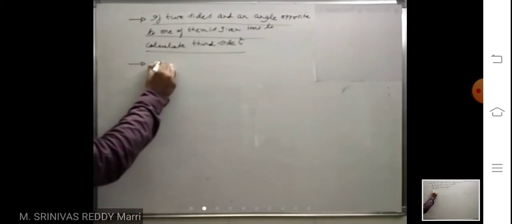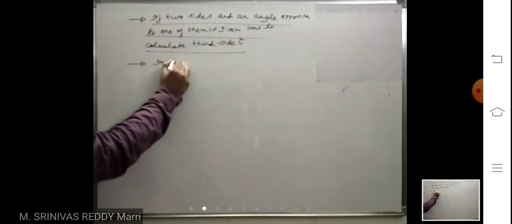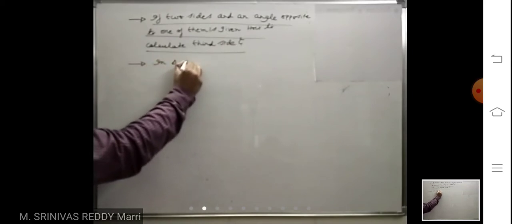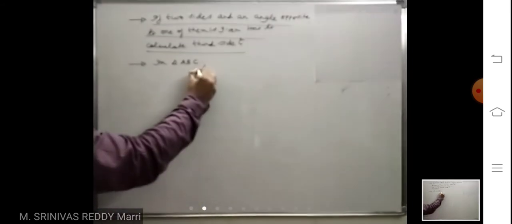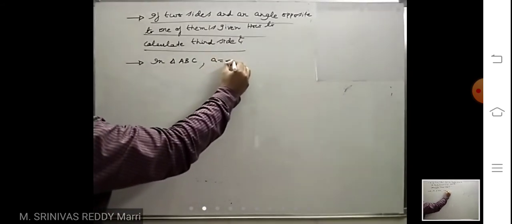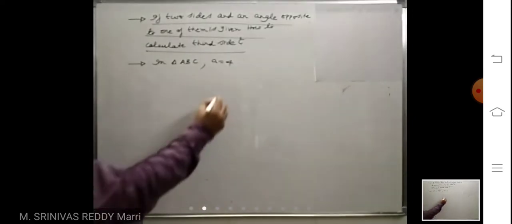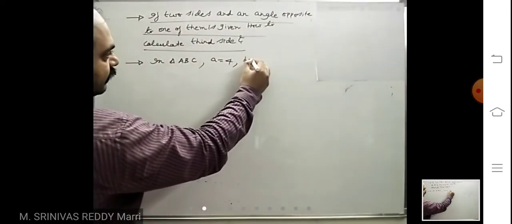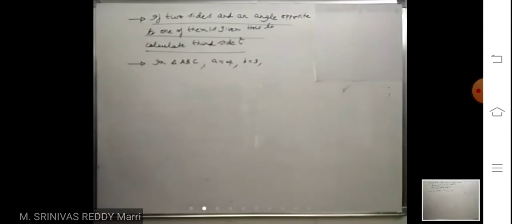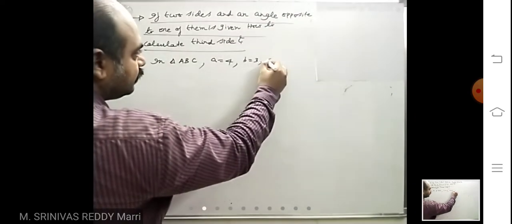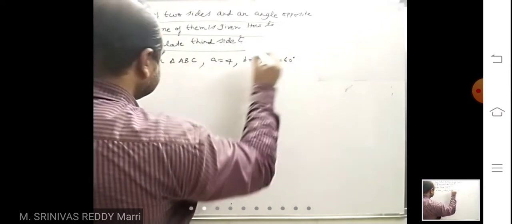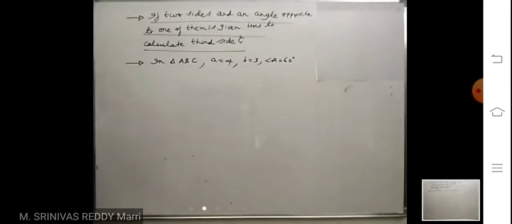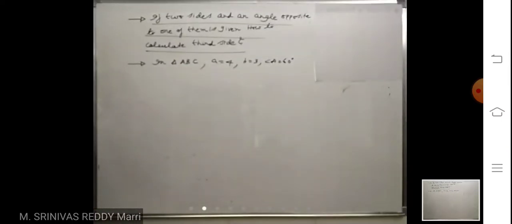In triangle ABC, a equal to 4, b equal to 3, angle A equal to 60 degrees.